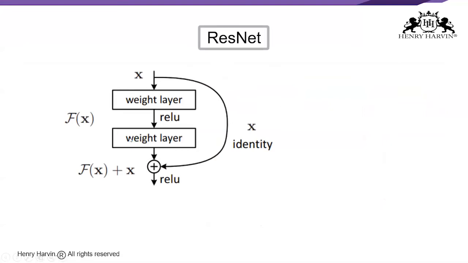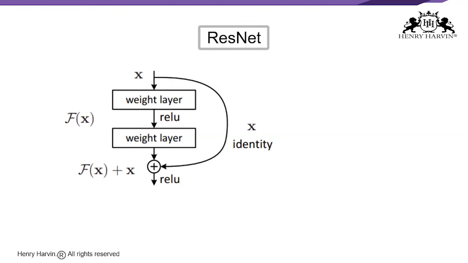There will be a weight layer, and then another weight layer and a ReLU is used, and there is another weight layer, which is followed by a ReLU, right? And then what is happening, after the 2 weight layers, we have the output as the function of X plus this X, right? So let us try to understand this in detail, what the residual network is.